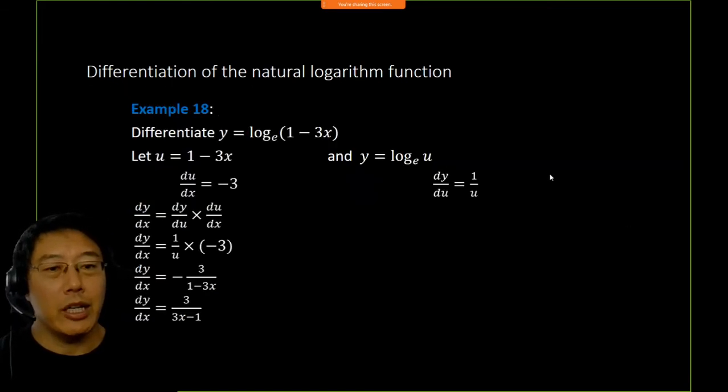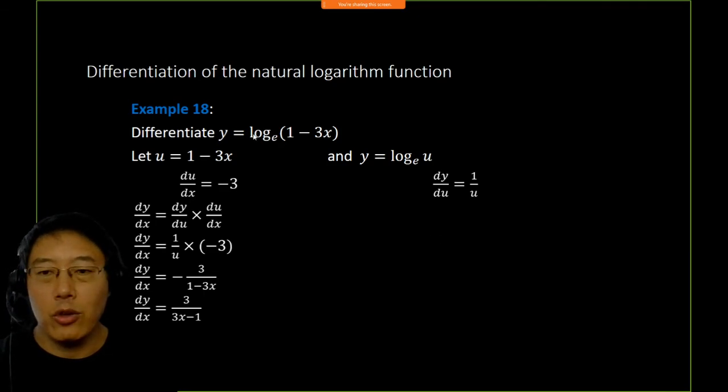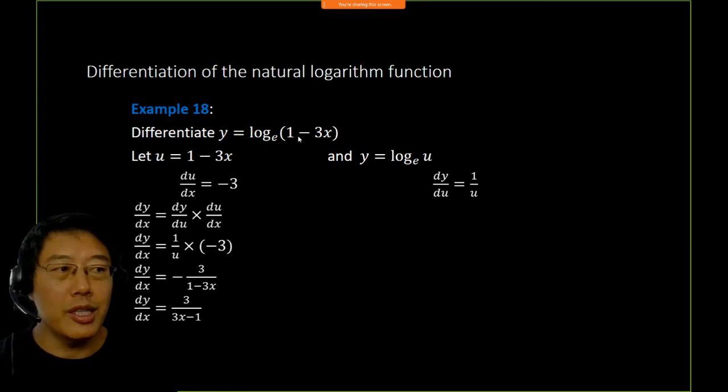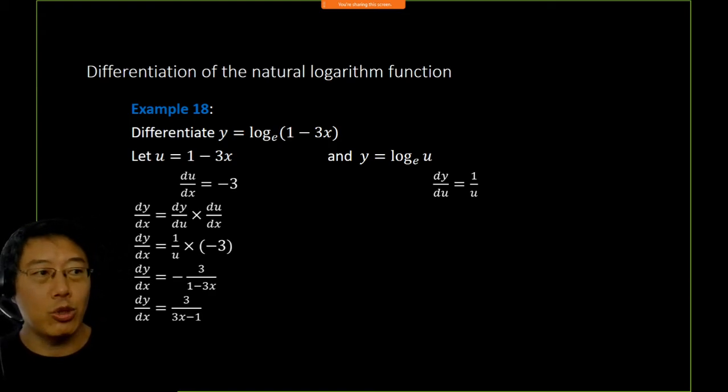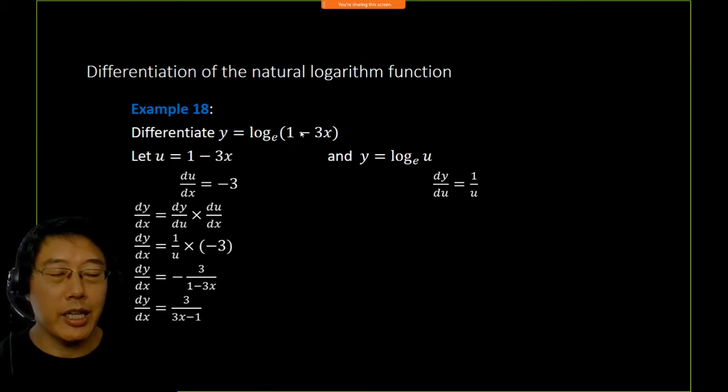Example using application. Again, you will not necessarily find a log on its own. So here you have a composite function. The first function is 1 minus 3x, and the second function is log to the base e. So here again, what you need to do is use the chain rule. You can substitute the 1 minus 3x by u.